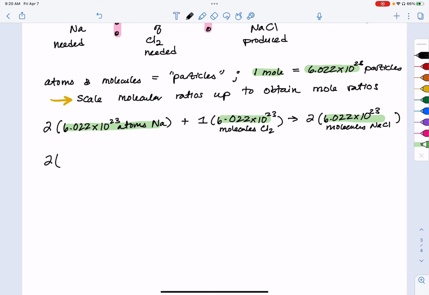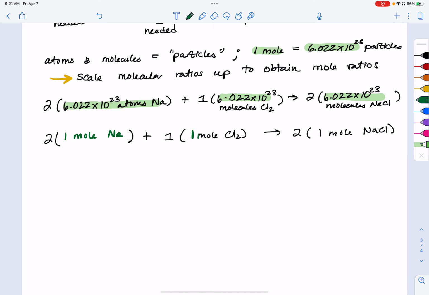So I now have 2 times 1 mole of sodium coming together with 1 times 1 mole of chlorine to form 2 times 1 mole of NaCl, or simplifying by just multiplying our coefficients through these mole quantities, then we see that there are 2 moles of sodium in this reaction, reacting per every 1 mole of chlorine gas in this reaction to create, in proportion, 2 moles of NaCl.